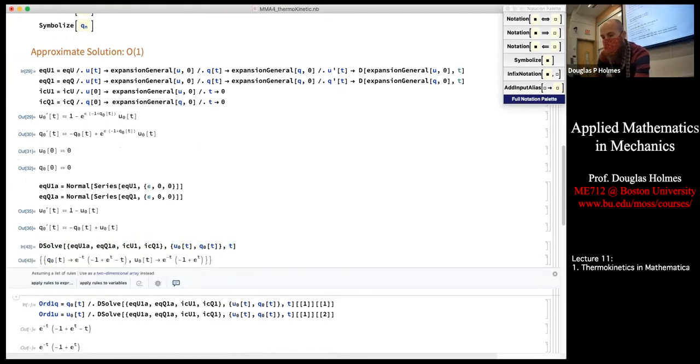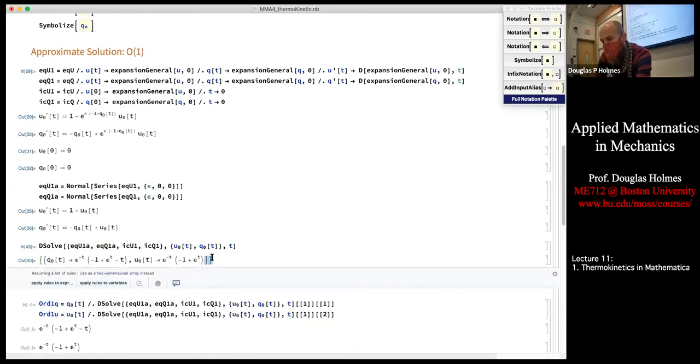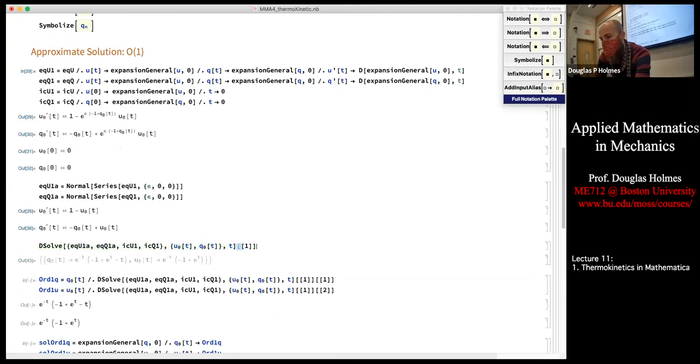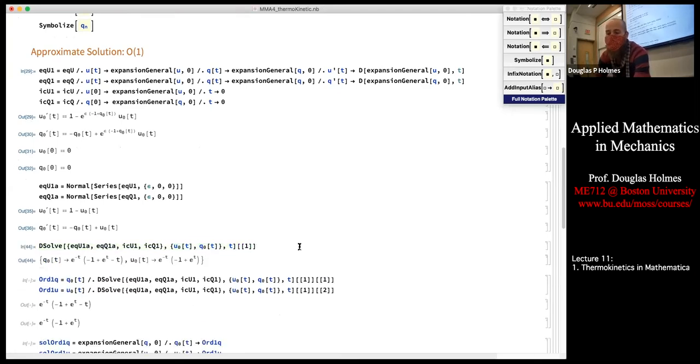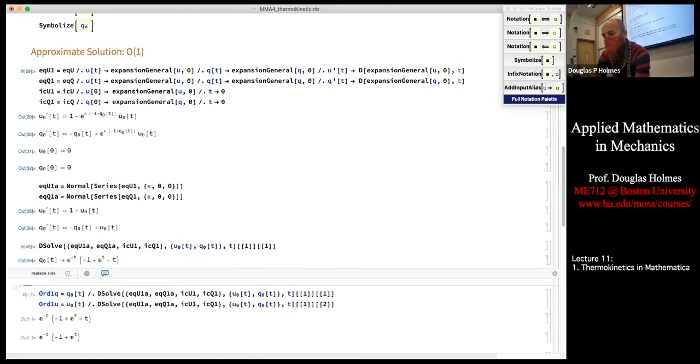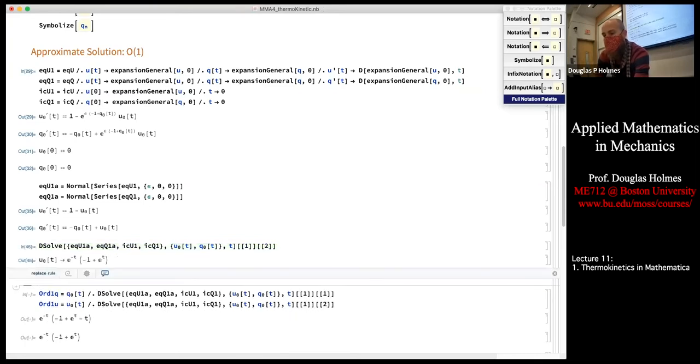Why it needs 2 sets of parentheses, I don't know, but it does, I guess. So you can see that there's 2 here. So putting square 1 just gets rid of the first one. And then I can, just like MATLAB, say give me the first solution. That's the q naught. Or I can say give me the second solution. That's the u naught.